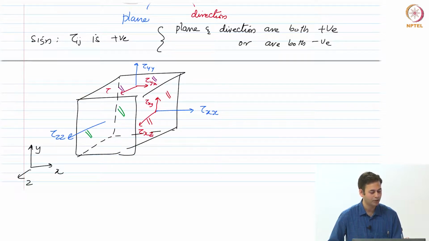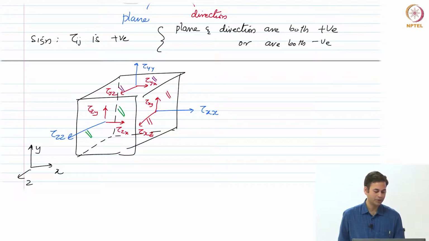Similarly we have tau yz, which is on the y plane acting in the z direction. Similarly we have tau zx and tau zy, okay. So, here all the normal stresses are represented in blue and the shear stresses are all in red, okay. Now, these are all positive, right, okay.